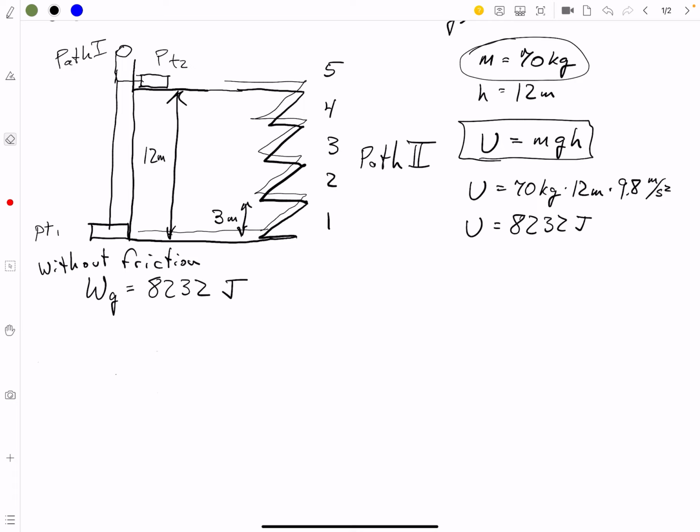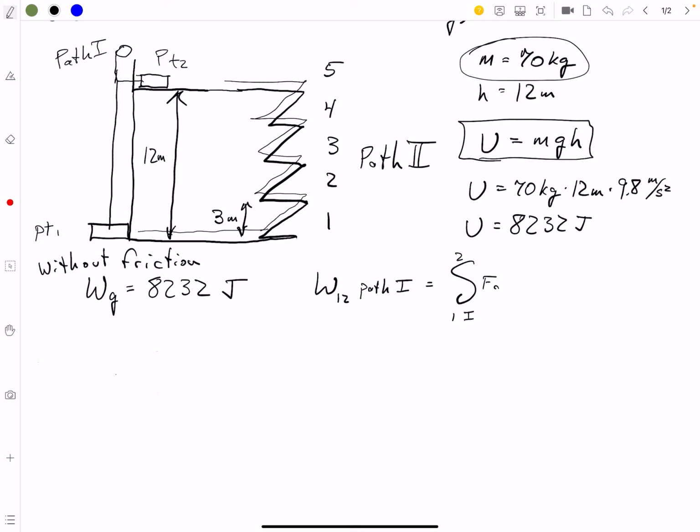And what we're going to do is go from point 1 to point 2. So if I write out work 1 to 2, for path 1, that equals the integral over that path, so from 1 to 2, but I want to make sure that we know that we're taking path 1 here, so I'm going to stick a little 1 down there.